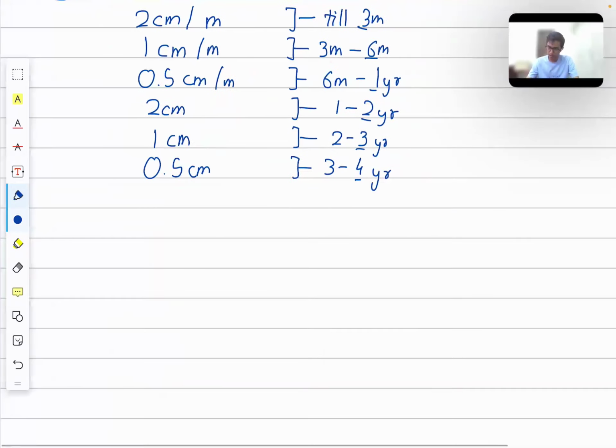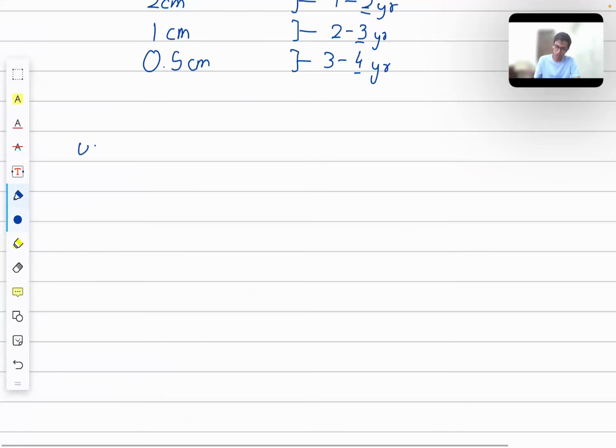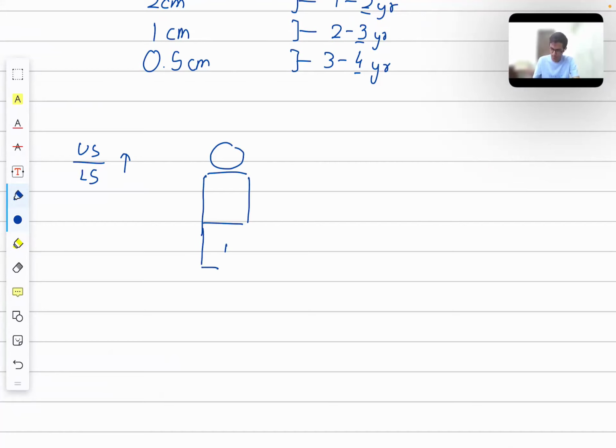One favorite question would be, in what cases will the US-LS ratio increase? So this ratio would increase if the trunk is longer or the lower limbs are shorter.